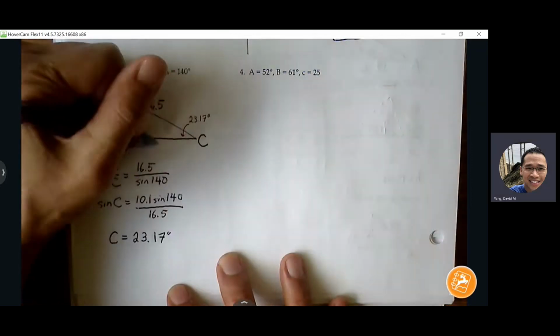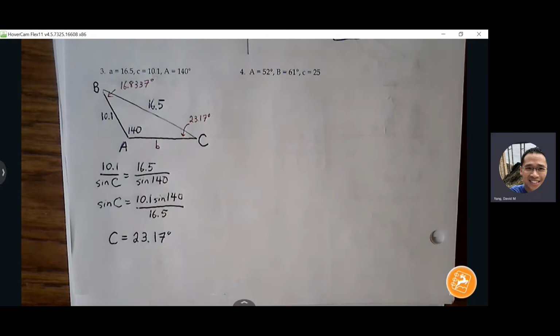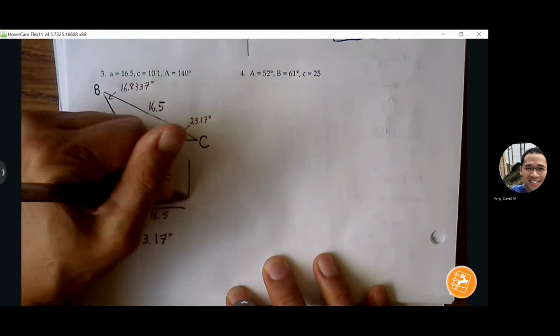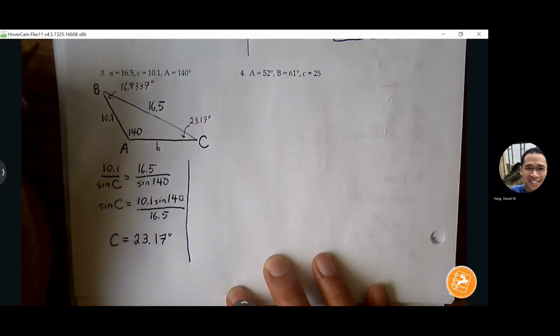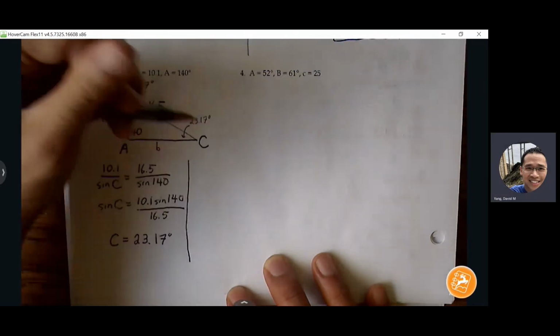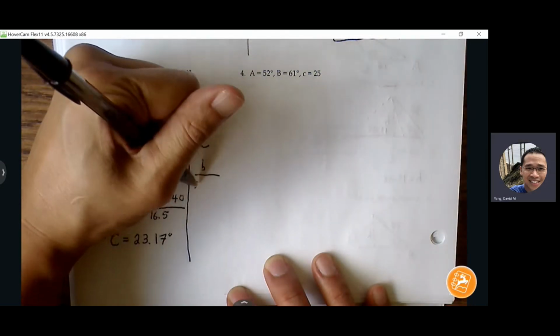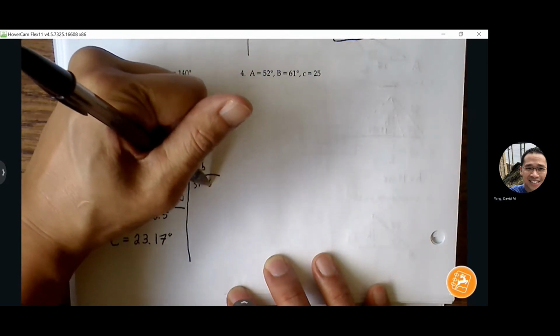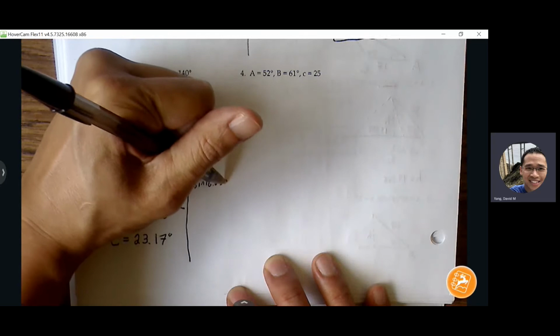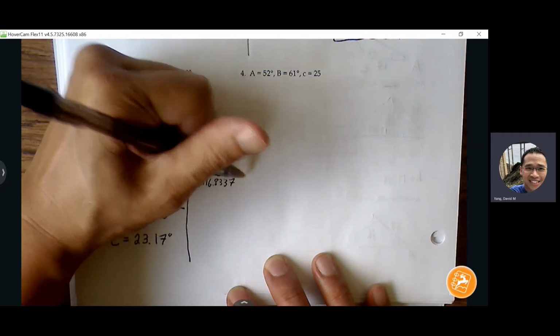And now our final step, use law of sines to find that opposite missing side B. Yes.